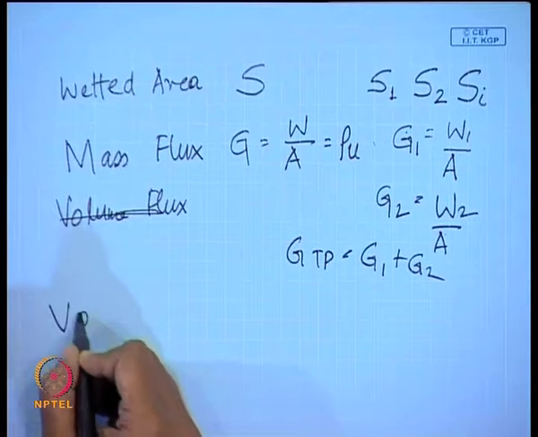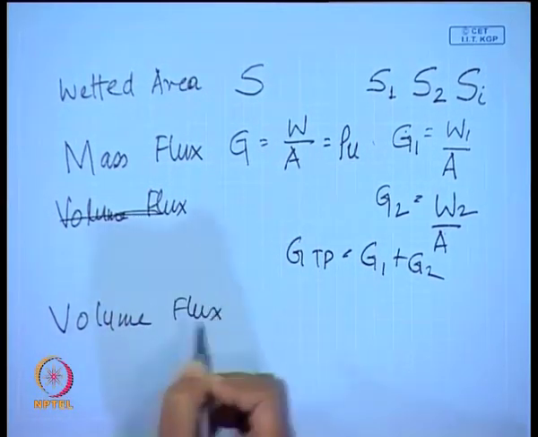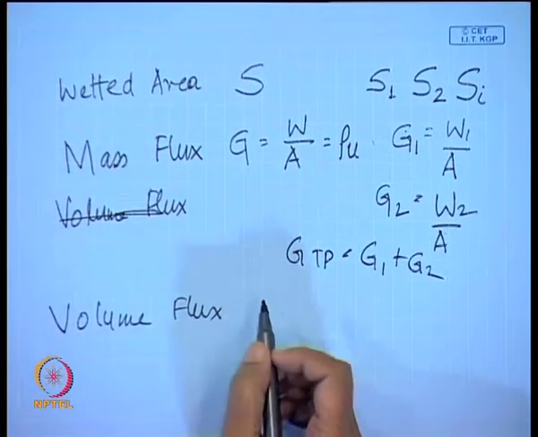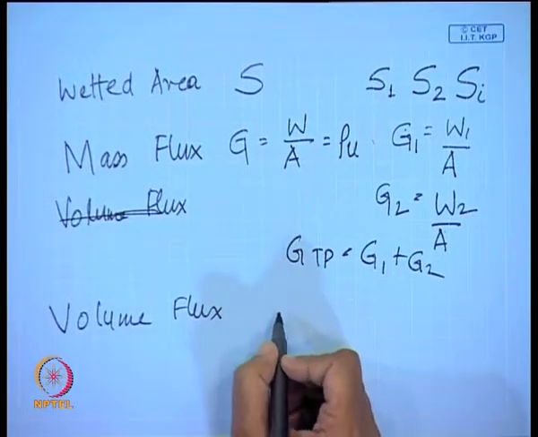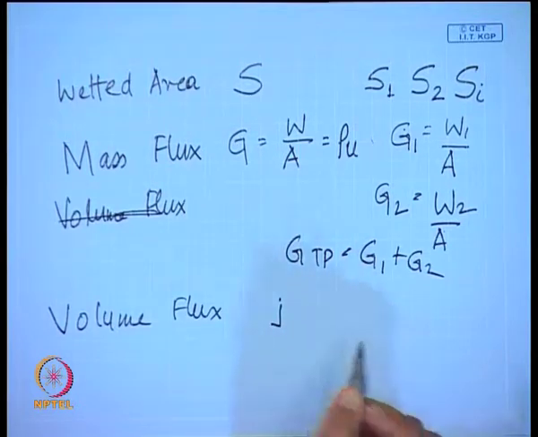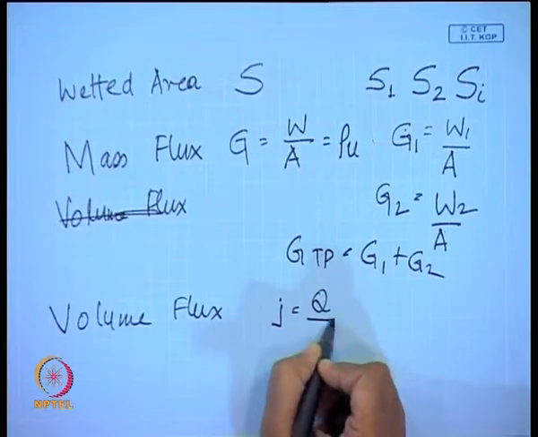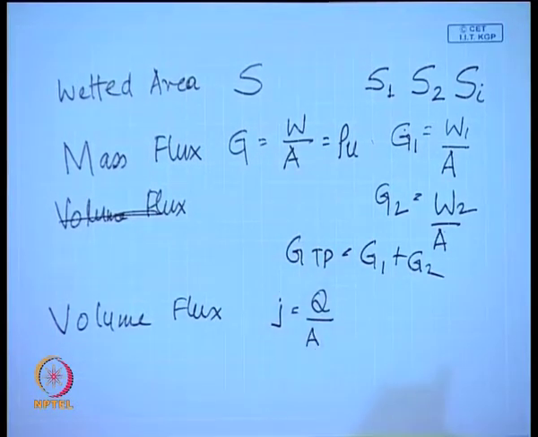Similarly, we have something known as the volume flux. We will not use it very frequently, but we will be using it. This is defined as small j, which is nothing but volume flux, meaning volumetric flow rate per unit area, isn't it?